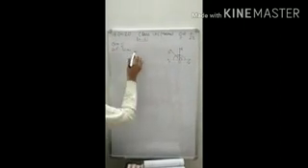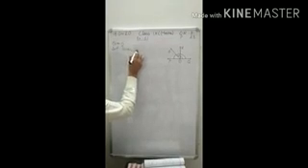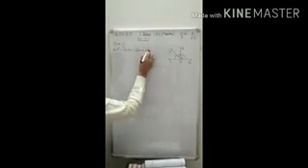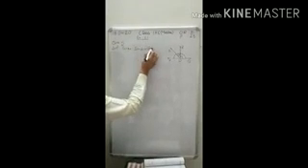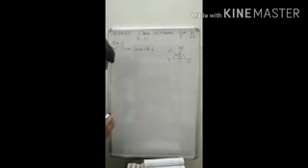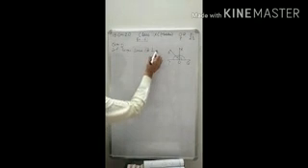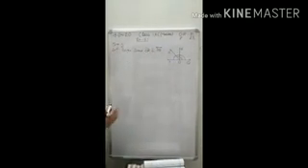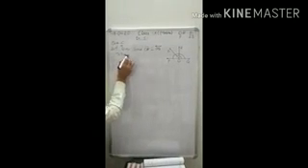In this figure, what we are having? Since this ray OR is perpendicular to the line PQ, this thing is given. To prove, what thing we have to prove here?